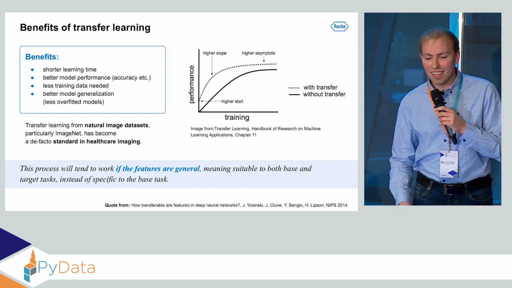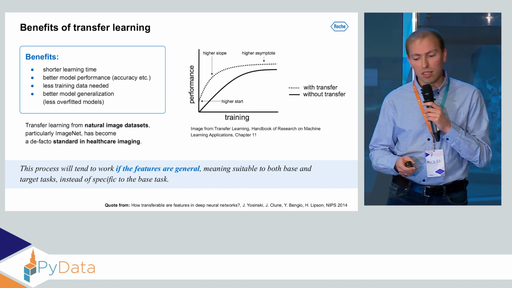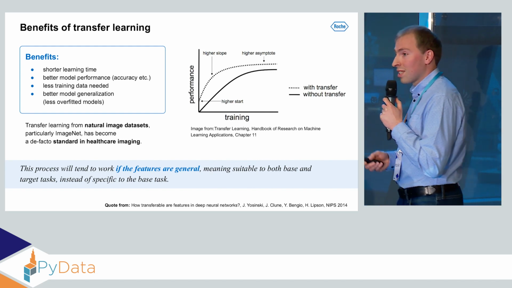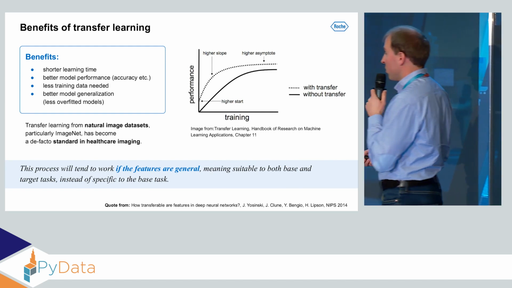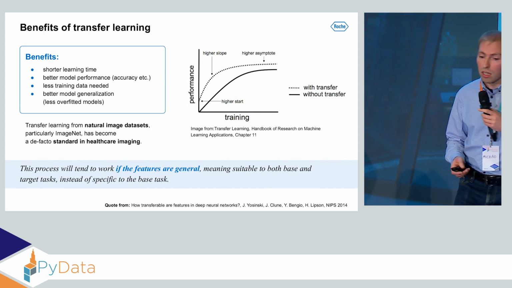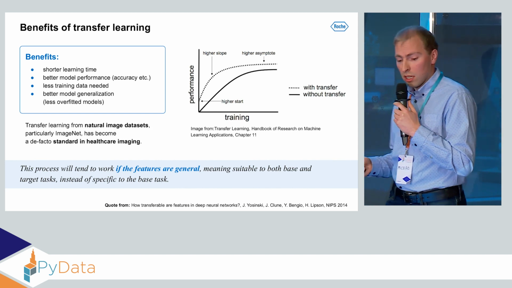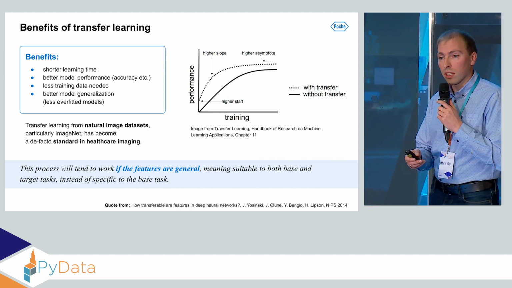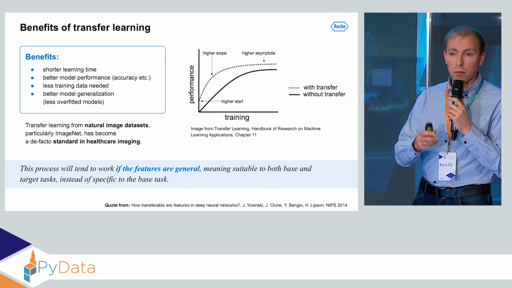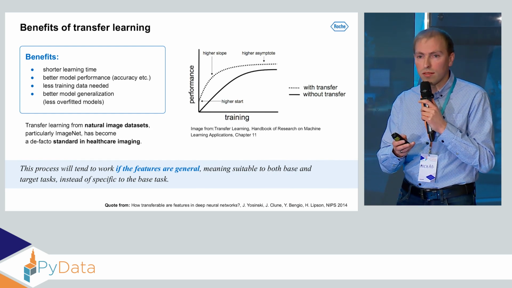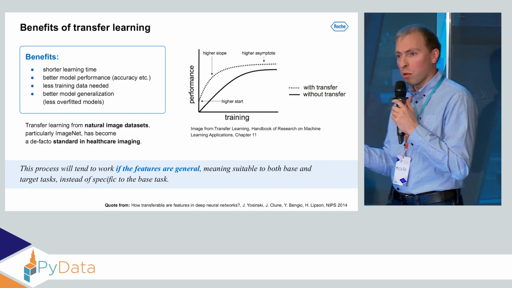As a result, transfer learning, in particular from natural images, has become a de facto standard in medical imaging. However, we also know that transfer learning will work best if the features that were useful to solve problem A are also generic enough to be useful to solve problem B.